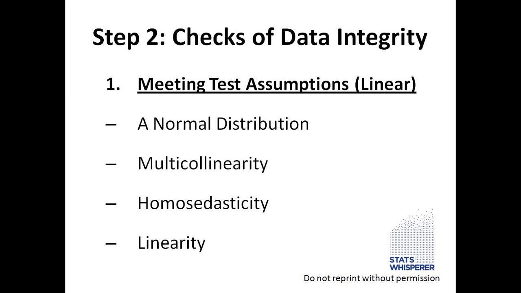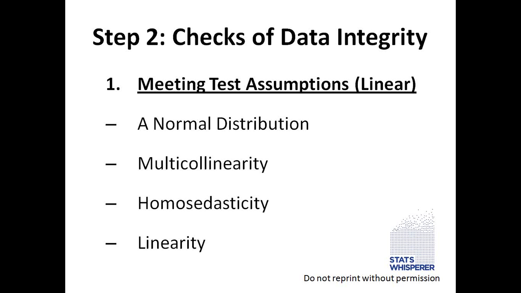Every test has different assumptions, or different combinations of assumptions. We're going to look at the assumptions for linear regression, because we're using logistic regression and linear regression in our analysis in this program, and the assumptions for logistic regression are much more relaxed than linear regression.